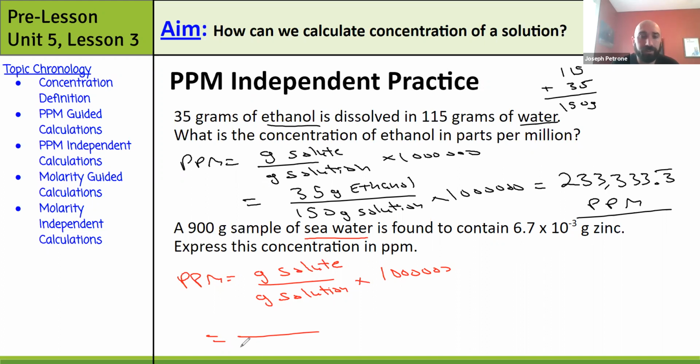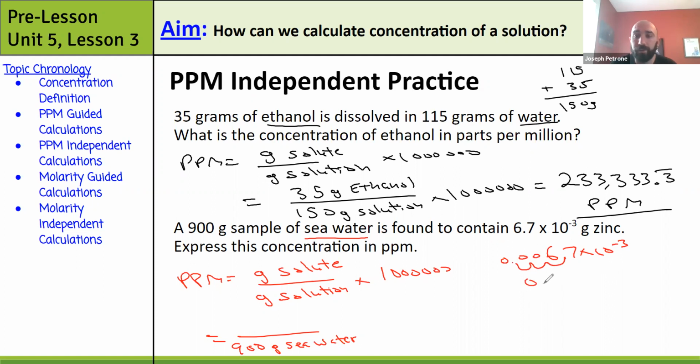So we have both these values, don't have to do anything else with them. So let's get our 900 grams of seawater. And then we have our solute, which is 6.7 times 10 to the negative 3 grams of zinc. We can put that into standard notation. So we're going to move our decimal 3 places to the left. 1, 2, 3.